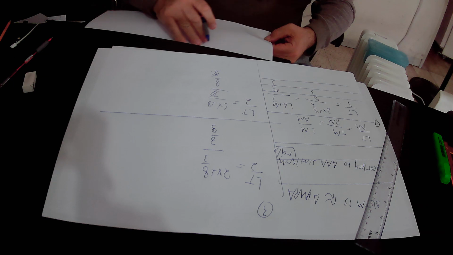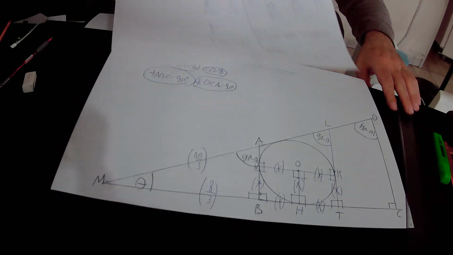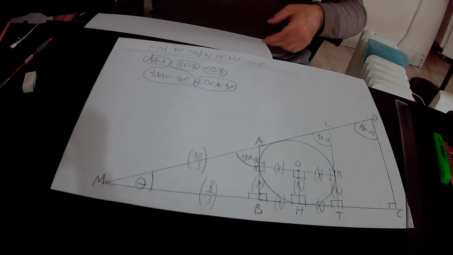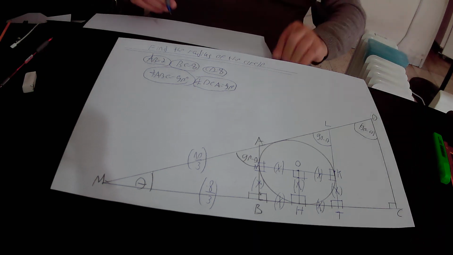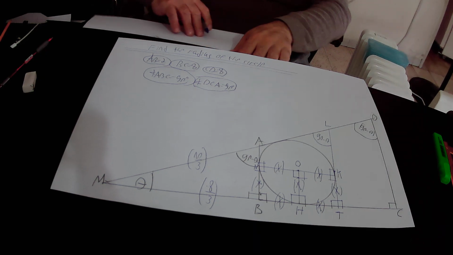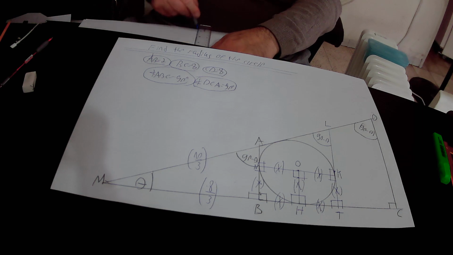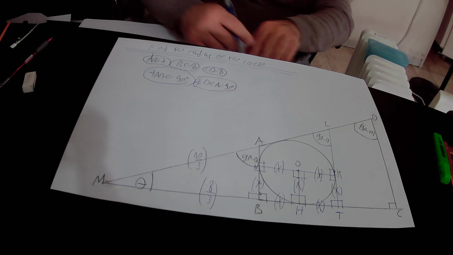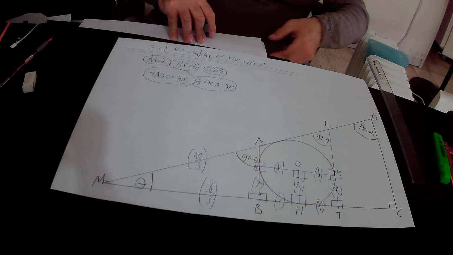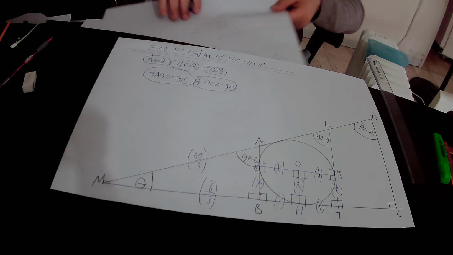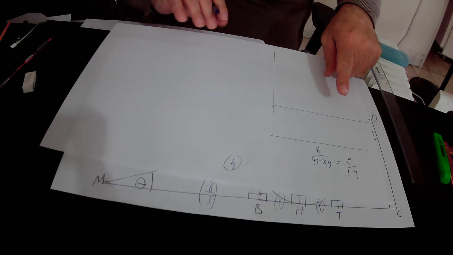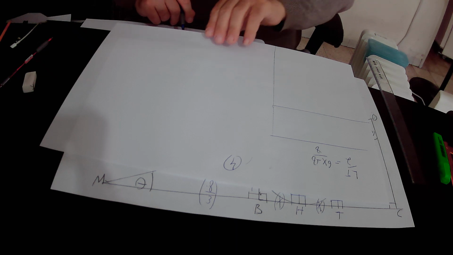Repeat again. We found out that LT over 2 equals 6x plus 8 over 8.